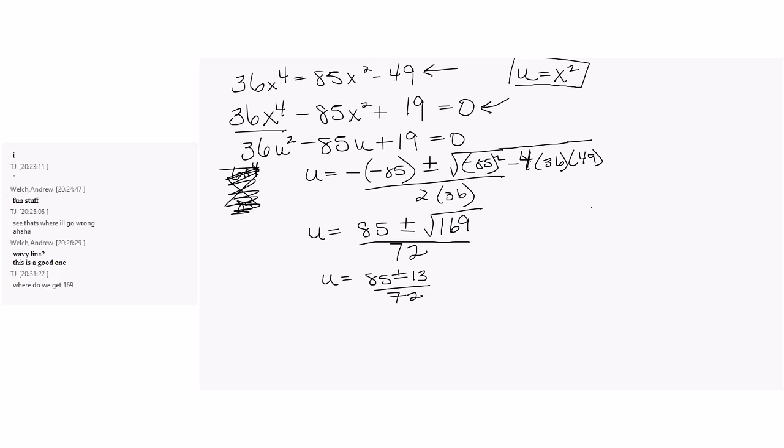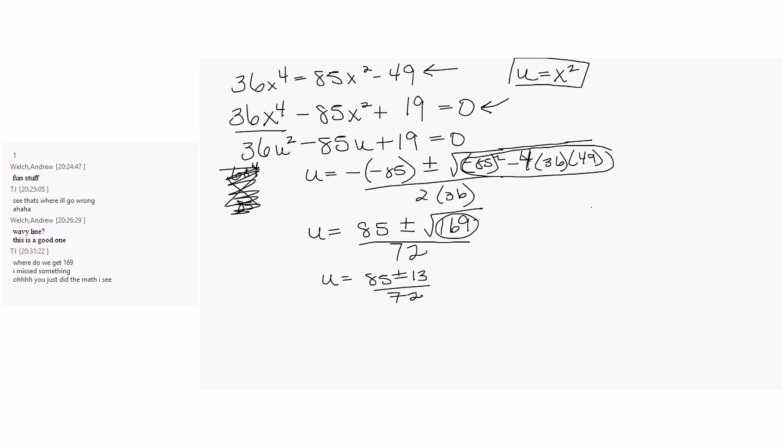So I've skipped some steps here. Where do I get the 169, TJ? Negative 85 squared is going to be 7,225, and then negative 4 times 36 times 49 is negative 7,056. So this in here is simplified.